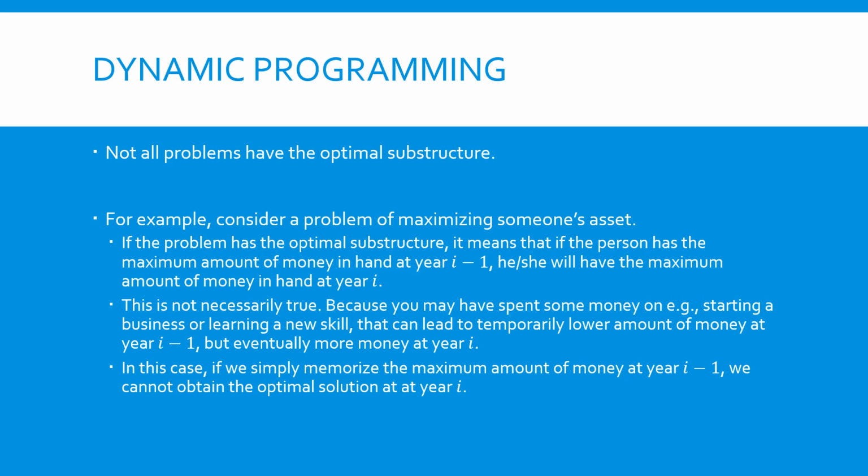This is not necessarily true. For instance, in year i-1, you might spend money on learning a new skill or investing in a new business, leading to less overall wealth and a suboptimal solution for that year. However, the suboptimal solution at year i-1 could lead to the maximized wealth at the next year i.